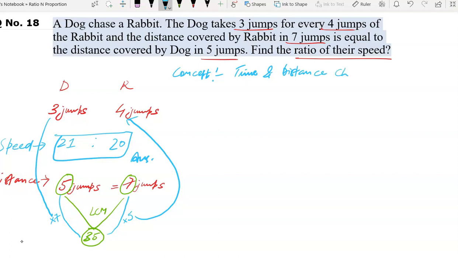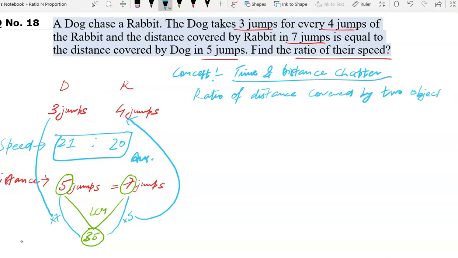Time and distance chapter. The concept is: the ratio of distance covered by two objects, be it train, horse, car, anything, in the same time is equal to the ratio of their speed.